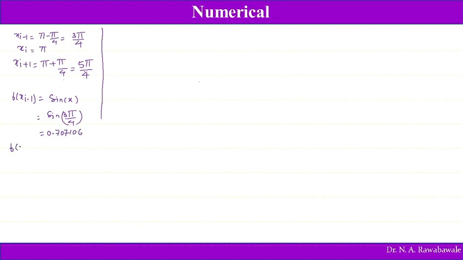Then f of xi, f of x is equal to sin x, so x value is pi, sin pi, and we get 0. And f of xi plus 1, sin x, we substitute the value 5 pi by 4.